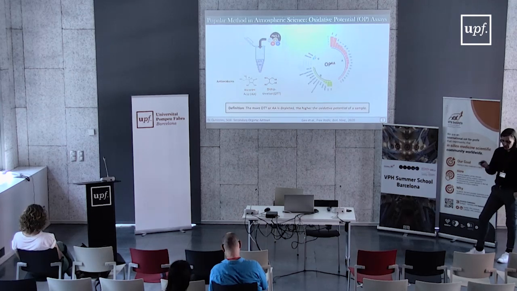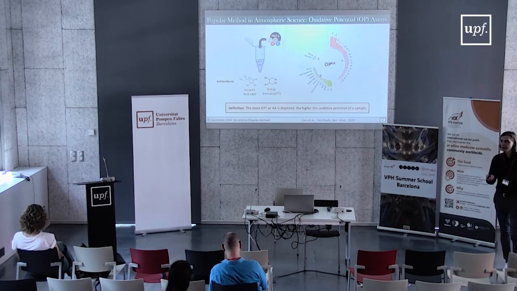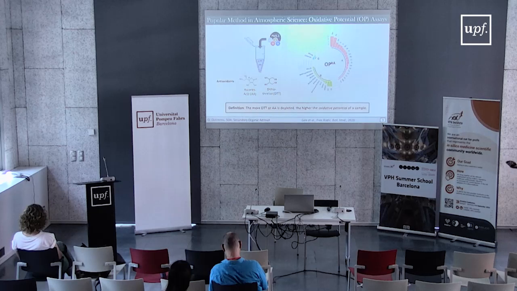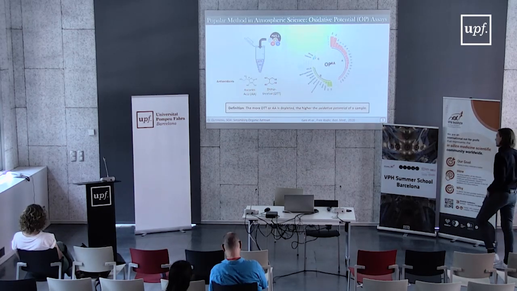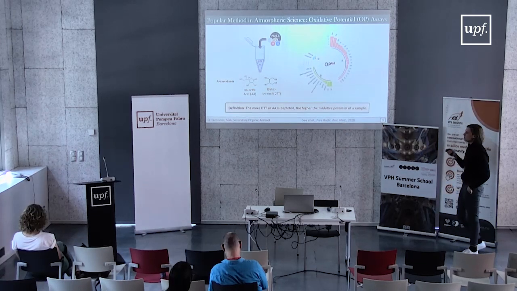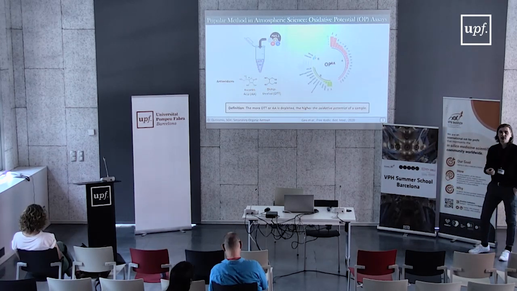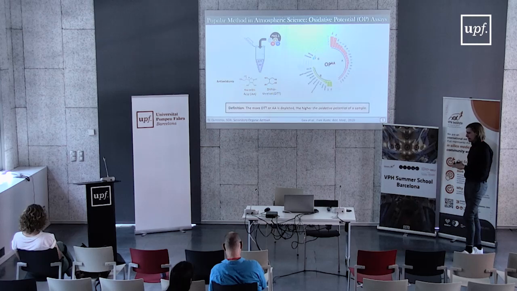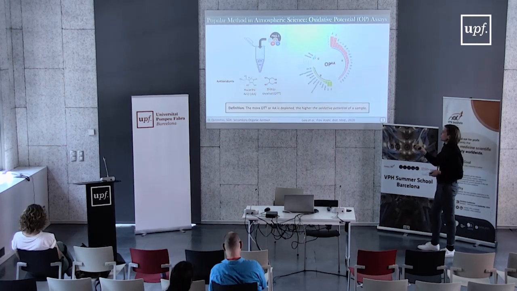And before I get to the models, there's one very popular method in atmospheric science called oxidative potential. It's quite interesting because it already goes in the direction that my work goes in. What people do is they sample these particles: they go outside, collect them on a filter, and then put this filter into an antioxidant solution.